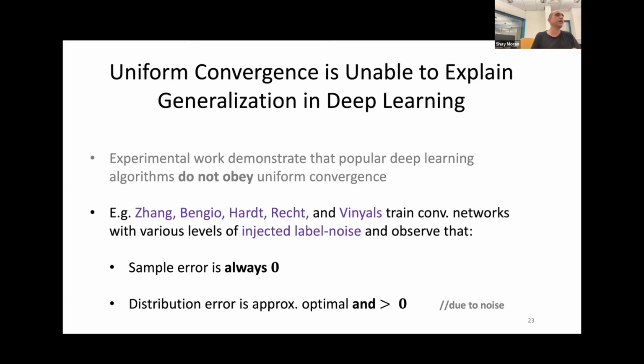You will just interpolate the noise, and this is going to be useless. So you need to find the sweet spot, just exactly the right complexity of the model, which is enough to capture the patterns of the data, but not so expressive that it will overfit the noise.